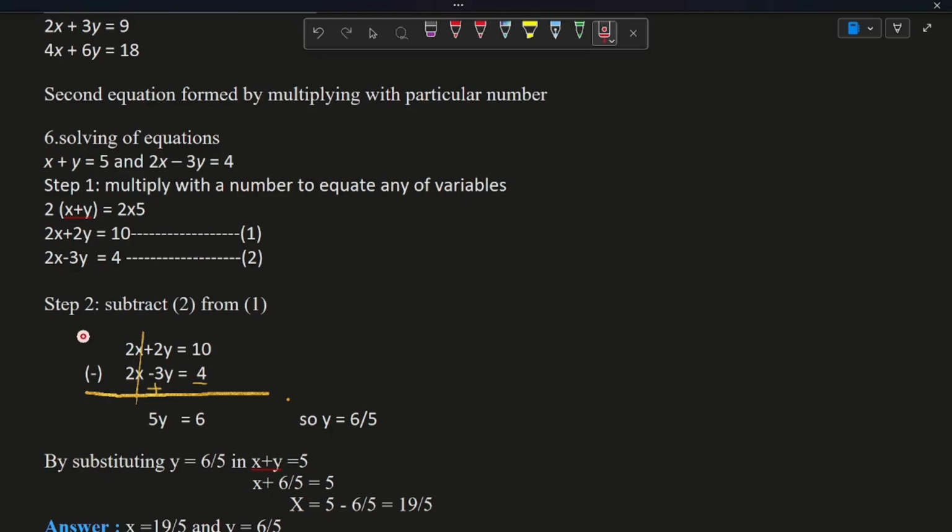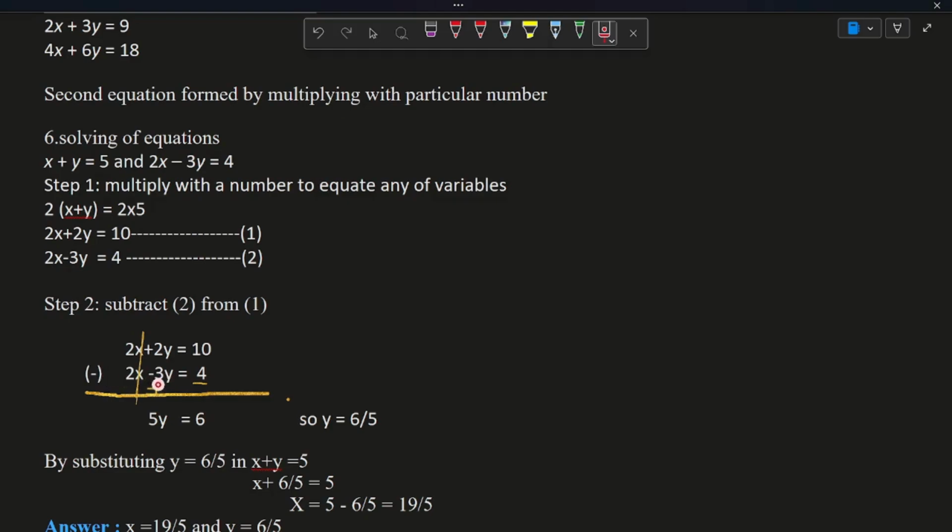In step 2, I subtract equation 2 from equation 1. This is equation 2, and I am subtracting it from equation 1. So this entire equation minus this entire equation, we are doing the operation. 2x minus 2x cancels.